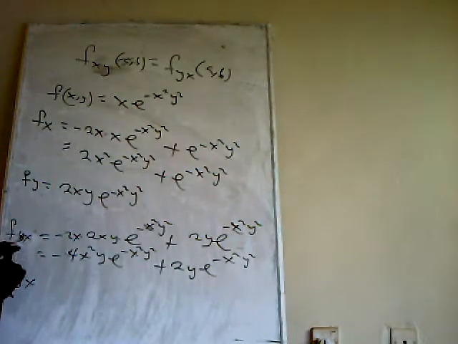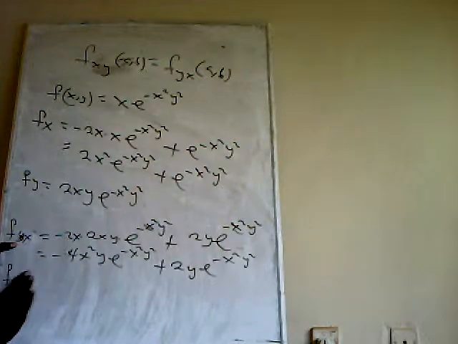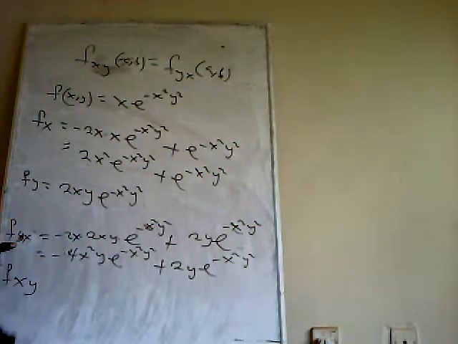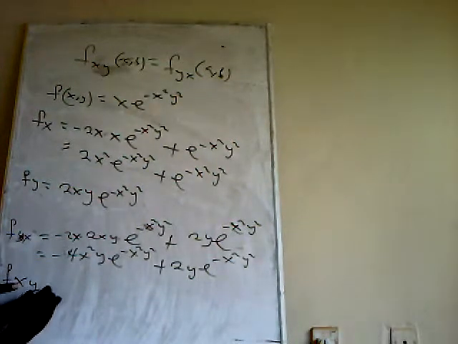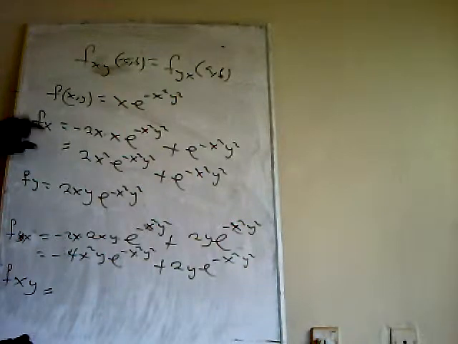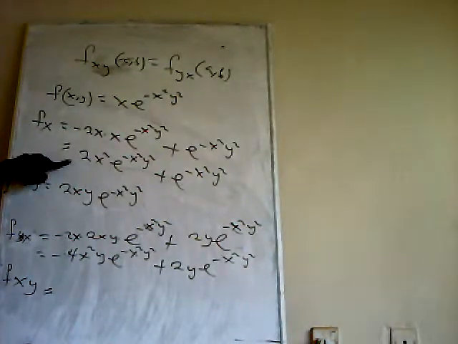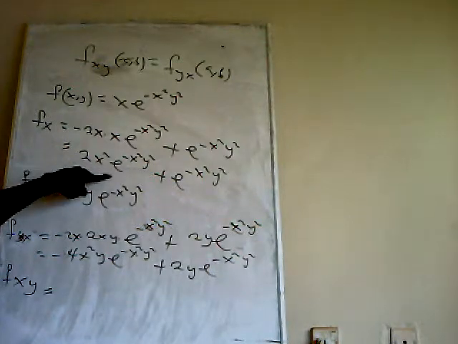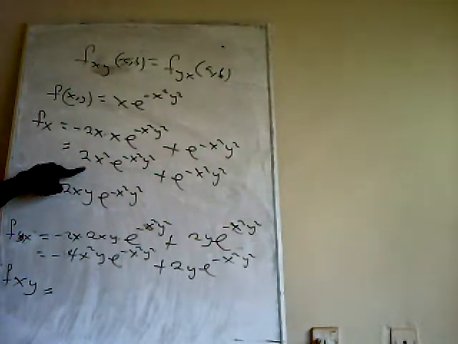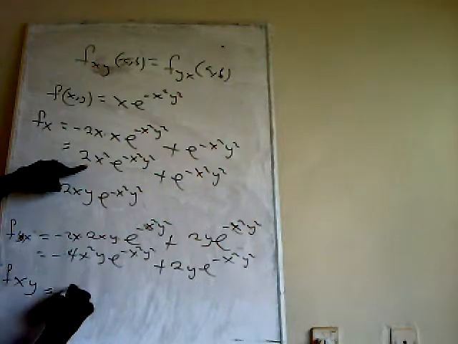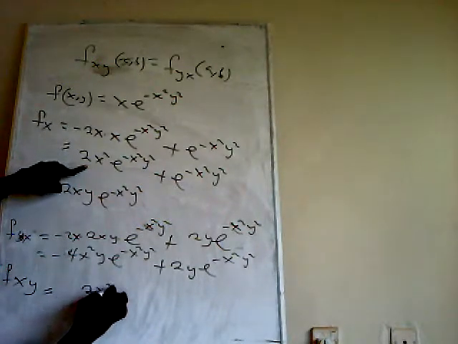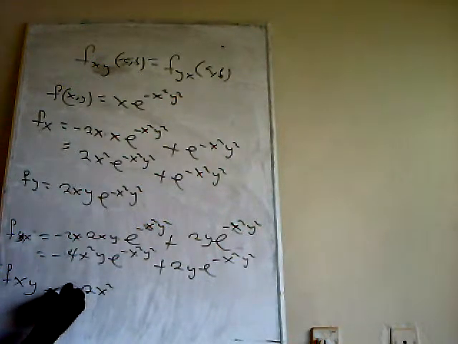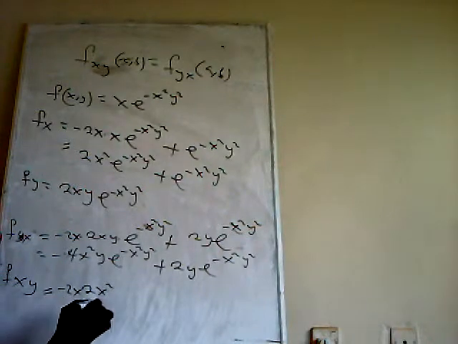I'm going to differentiate fx with respect to y. If I differentiate this one here with respect to y, I'm going to use the product rule for the one in front. So I hold minus 2x squared constant, and differentiate the exponential.